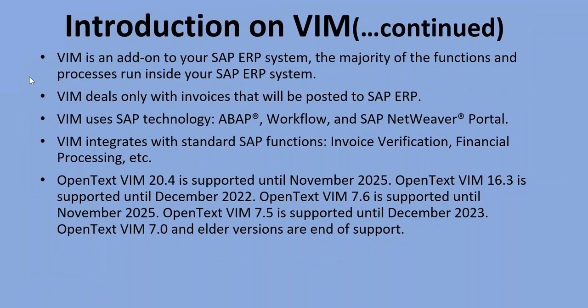You guys are understanding, right? Let me know if there are any questions. Just before the posting, Vim calls MIRO or FP60 in the background while posting in Vim. This is what I am trying to explain.